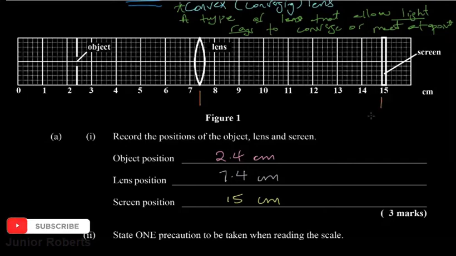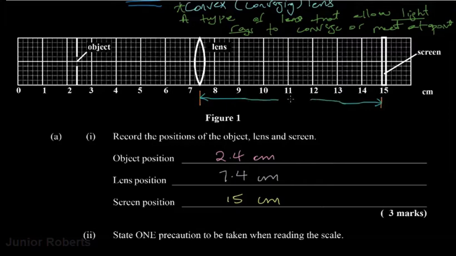So this distance from the lens to the screen will be our image distance V. While the distance from our lens to the object, what do you think we will call this distance right here? From the object to the lens, what would we call this distance here? Object distance, right? So this will be our object distance.